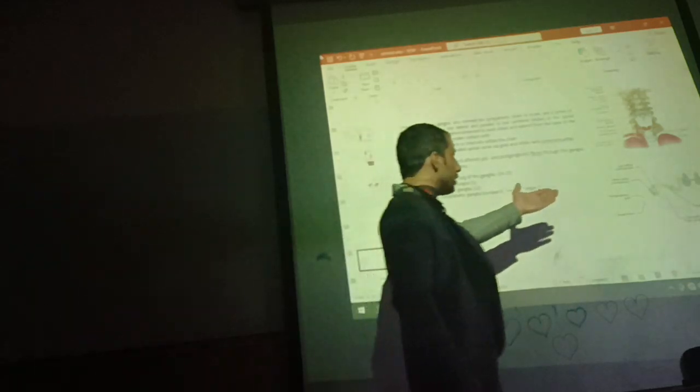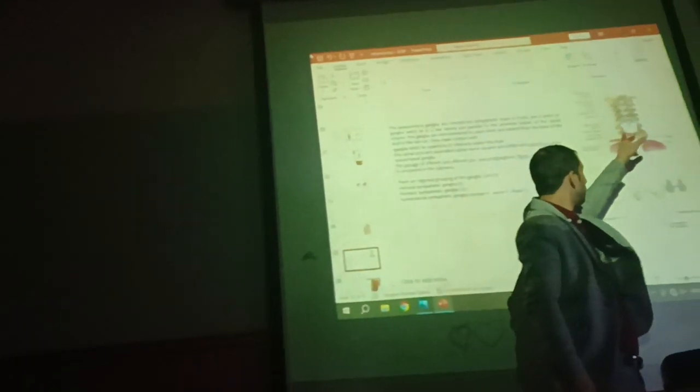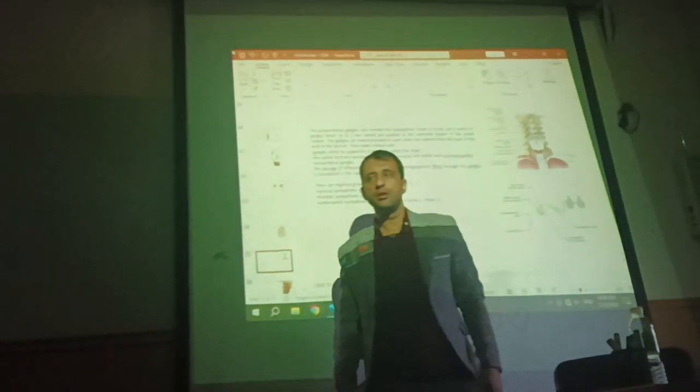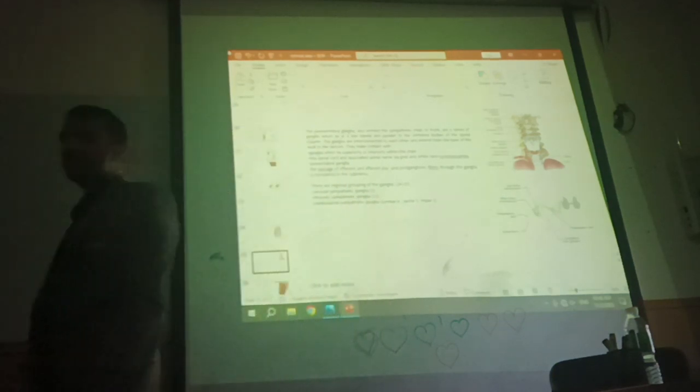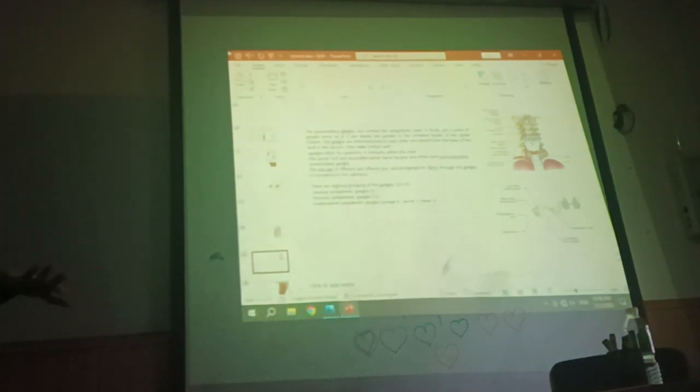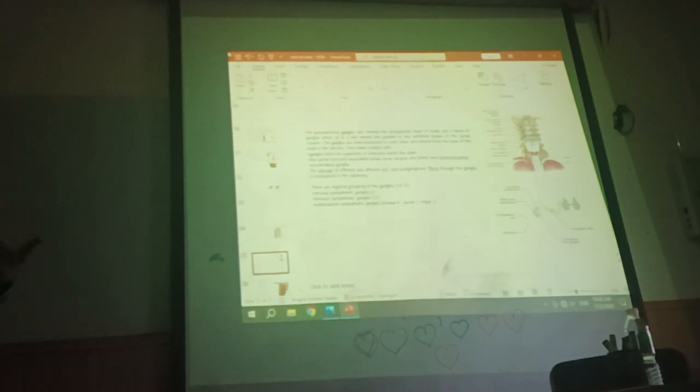From the inferior ganglion, we have the subclavian nerve. What is the subclavian nerve? The subclavian nerve is the nerve which arrives at the upper limb, and also the vertebral nerve. The vertebral nerve is a nerve which is located along the vertebral artery and also arrives at the brain.